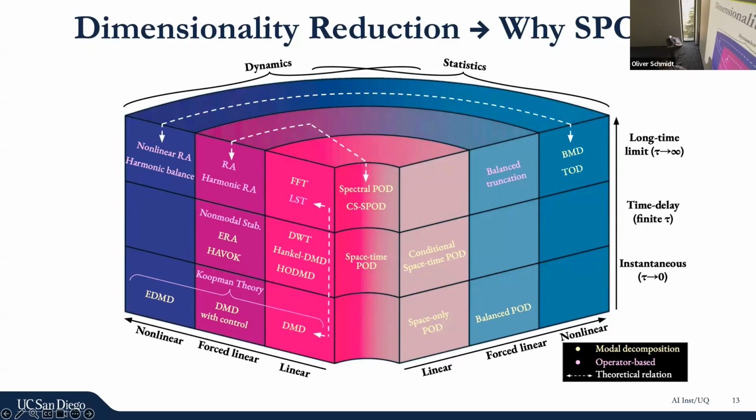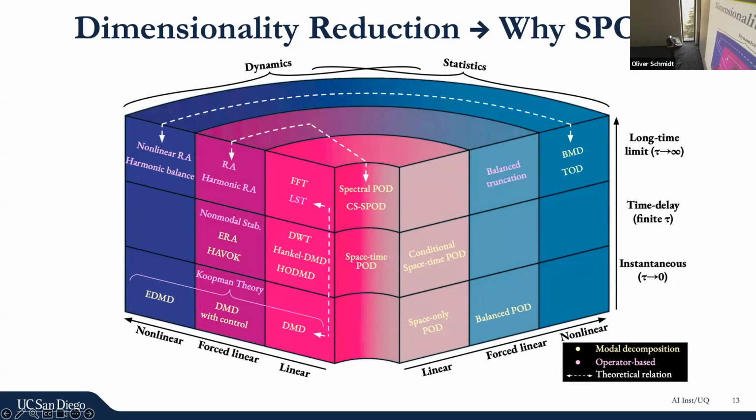And what makes SPOD interesting is two things, right? This is in this direction. This is where we live in terms of what type of system are we dealing with? Linear system, forced linear, nonlinear. The spectral POD modes, it's a linear decomposition. There's nothing nonlinear in here.